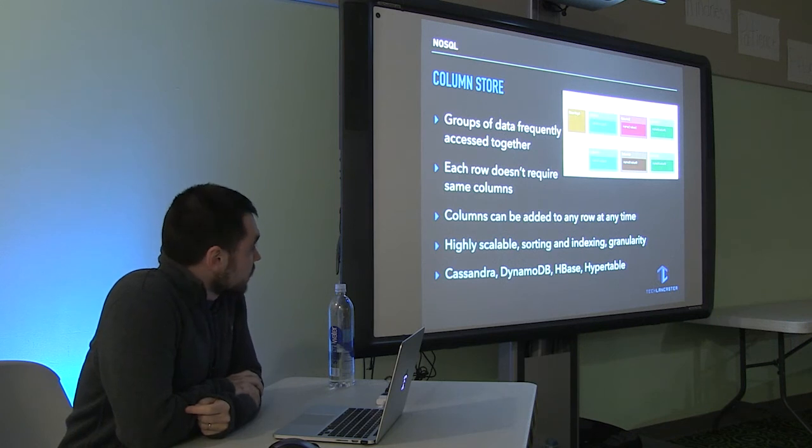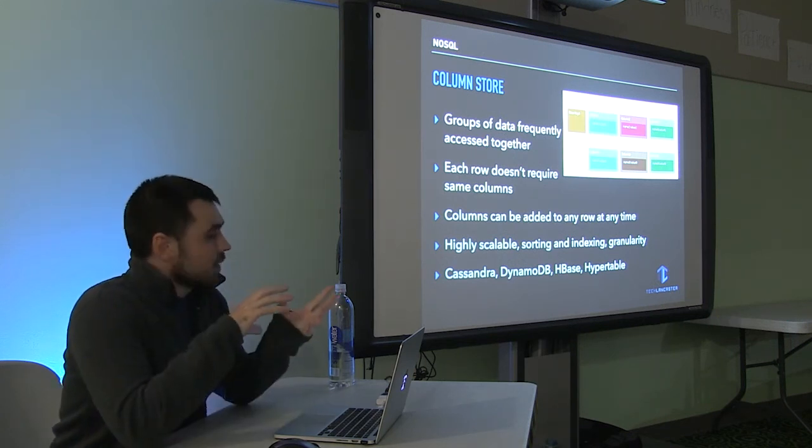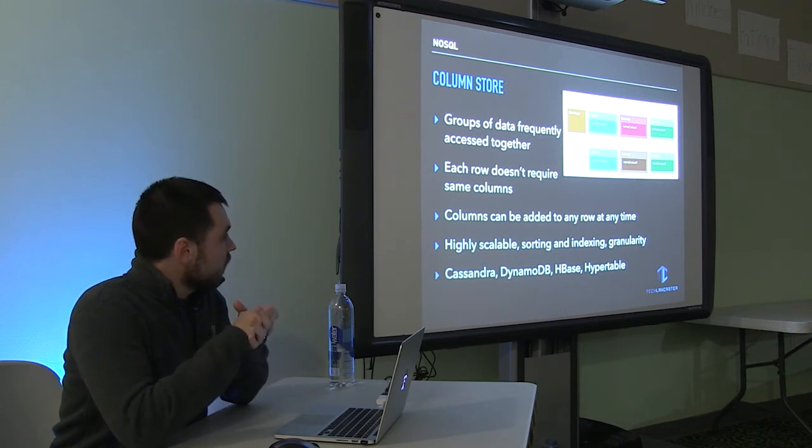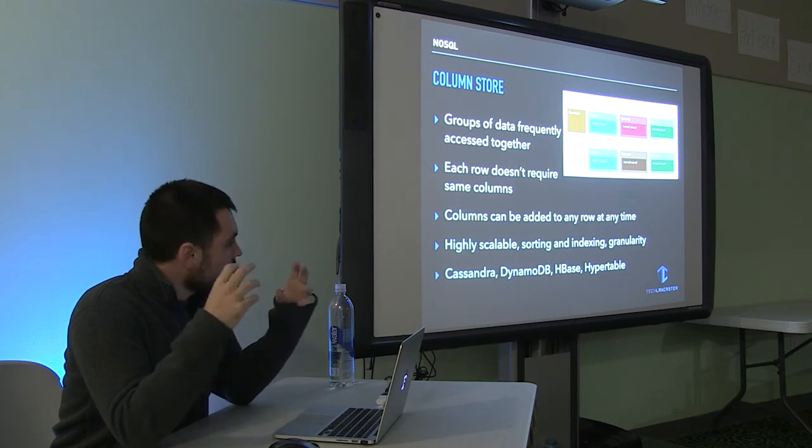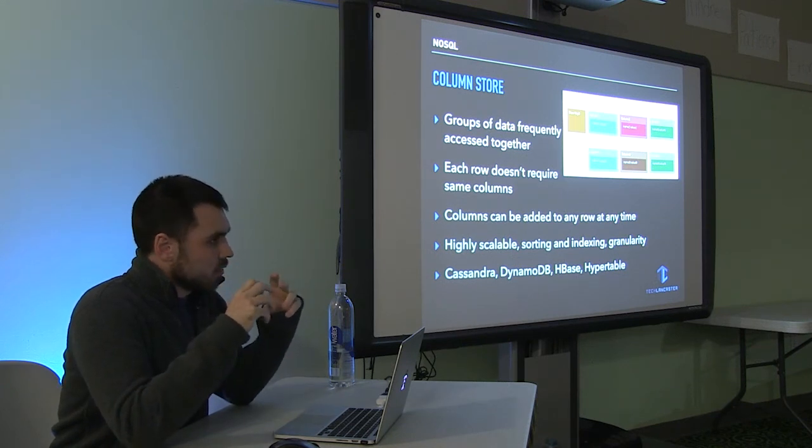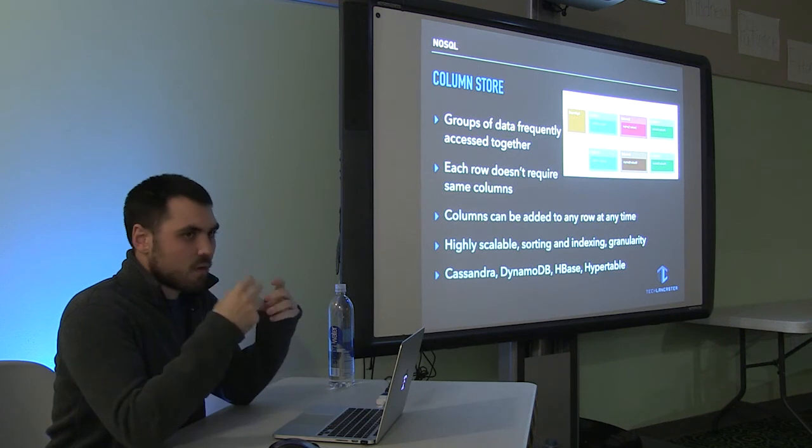So we have column stores. Column stores look a little bit like relational databases, but they have one very big difference. You have your columns and your rows, but in your rows you can have any amount of columns you want.